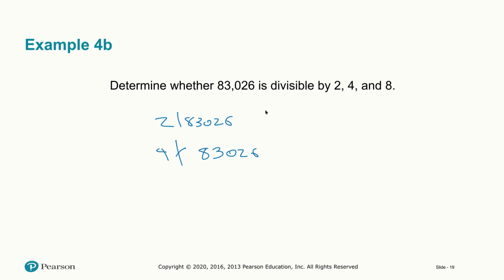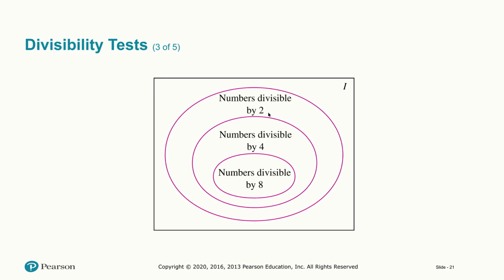Well, if it's not divisible by 4, it's definitely not going to be divisible by 8, right? But just looking at the last 3 digits as well, you can see 026 is just 26, right? And it's not divisible by 8. So therefore, 8 does not go into 83,026.